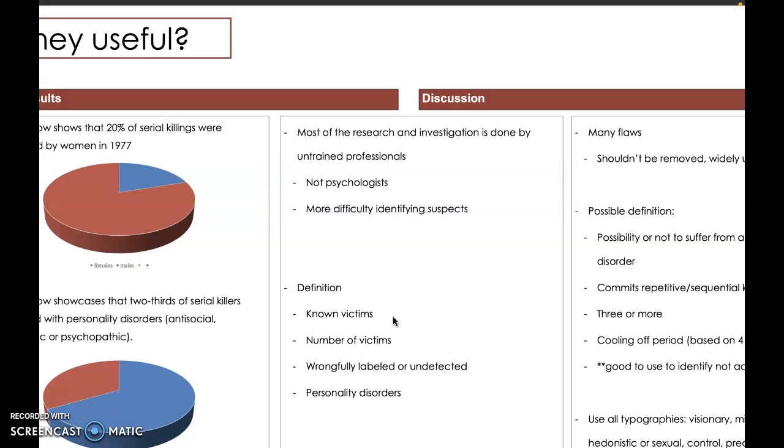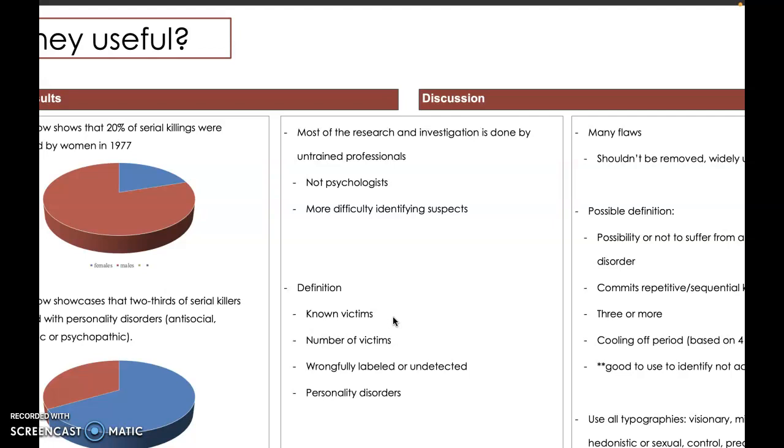May it be from personality disorders to analyzing their habits, they're all untrained professionals who are actually investigating these cases instead of it being psychiatrists, psychologists, someone with a degree in actually analyzing a human being.